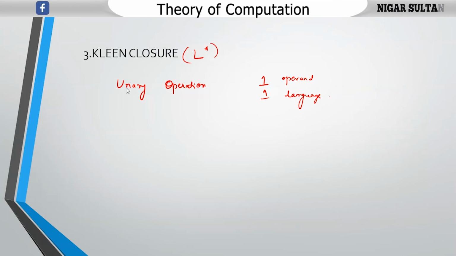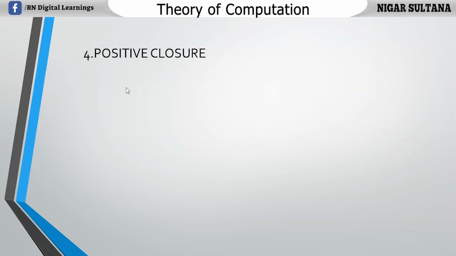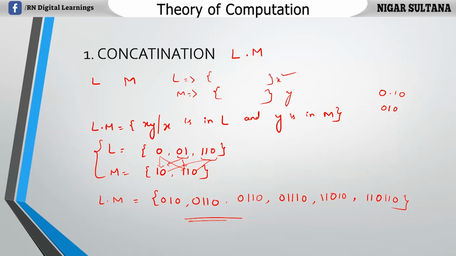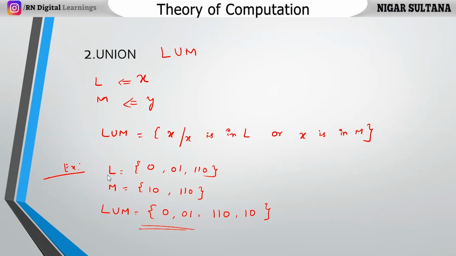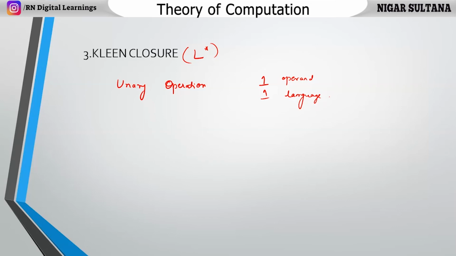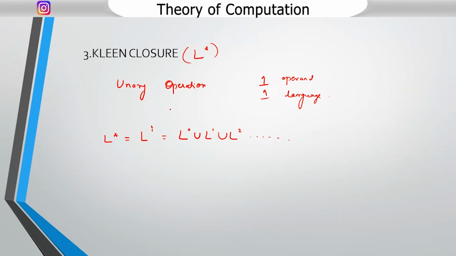In concatenation as well as union, we were taking two languages, L and M. Now why are we calling Kleene closure a unary operation? Because we are going to work with only one language. Suppose L star represents the Kleene closure, the union of L^i, which equals L0 union L1 union L2, etc. I'll explain what all of these are.